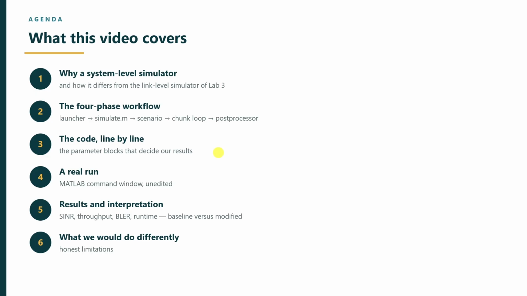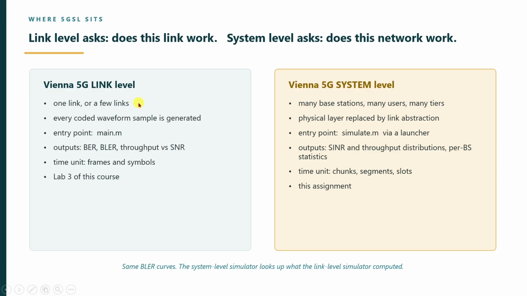So the Vienna 5G link level and Vienna 5G system level. What's the difference? The link level simulator generates coded waveform samples from one link, exact and expensive; for a network with dozens of base stations, unaffordable. The Vienna 5G system level simulator uses link abstraction.